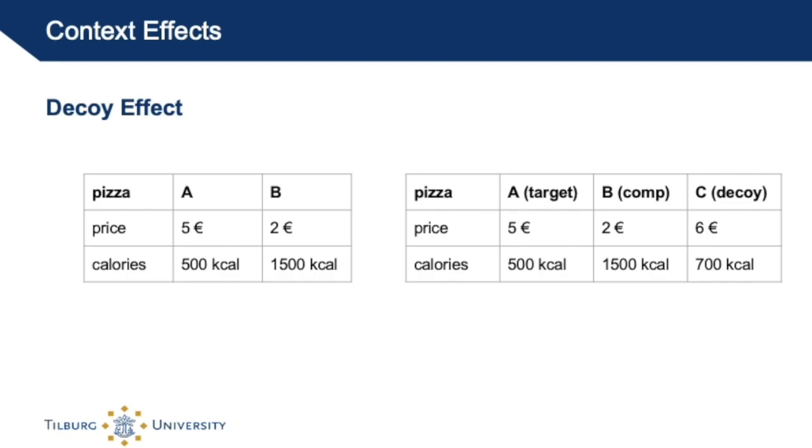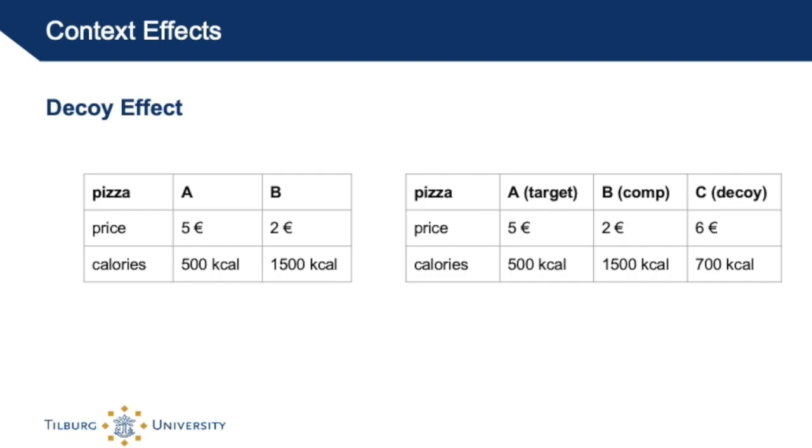So what we can observe is that now, if we add this pizza C, which we will call from here on the decoy pizza, we find that more people will choose pizza A, the target pizza that we as the store are trying to sell. Why? Because pizza A dominates pizza C in all attributes: it's both lower price and lower calories.